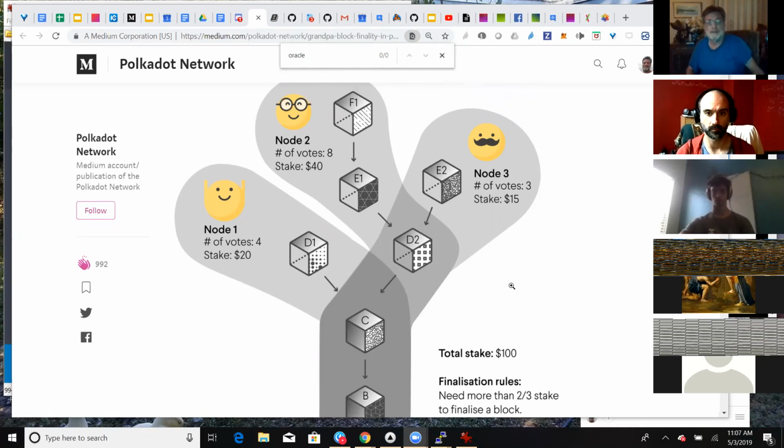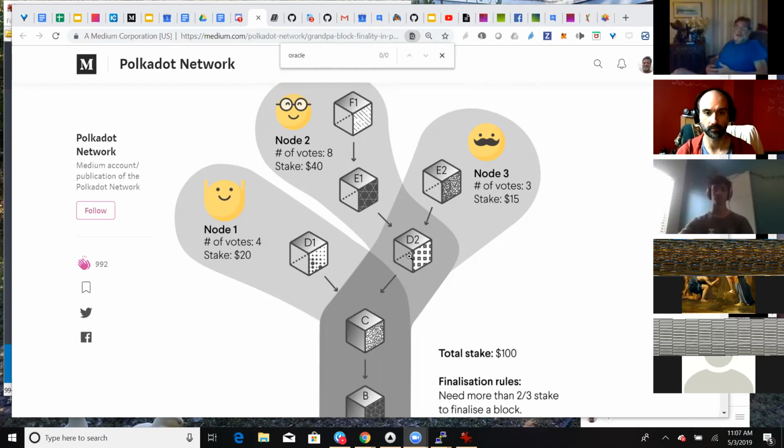So in this scenario, there's only 15 votes. So then I wasn't adding the 4. Yeah, it's 15. So now block D gets finalized. Yeah, that makes sense.